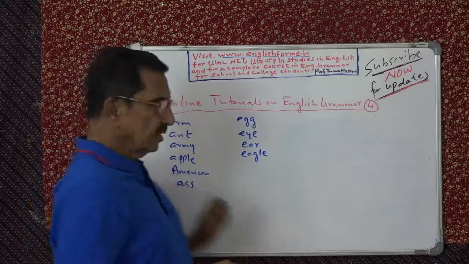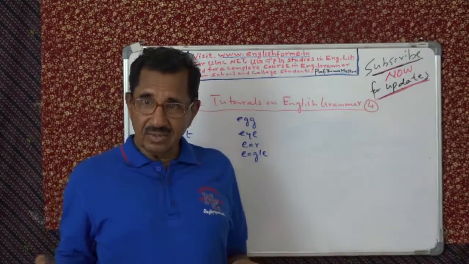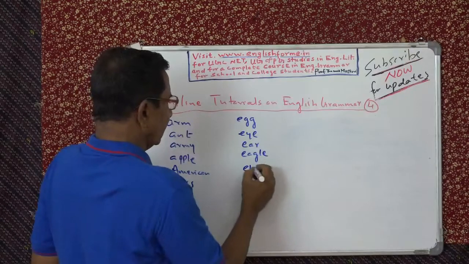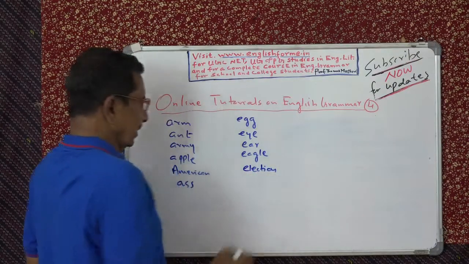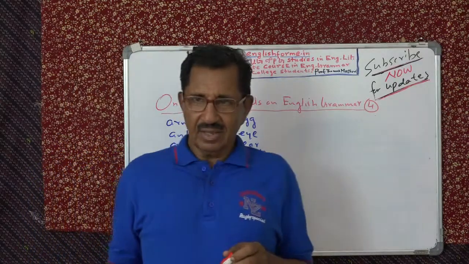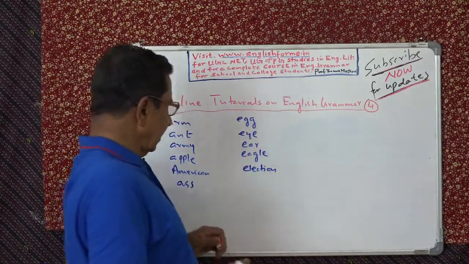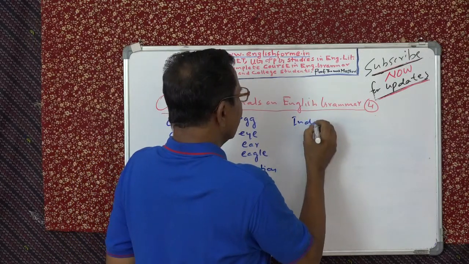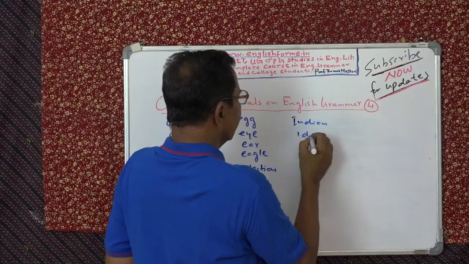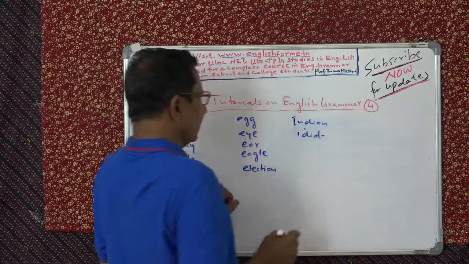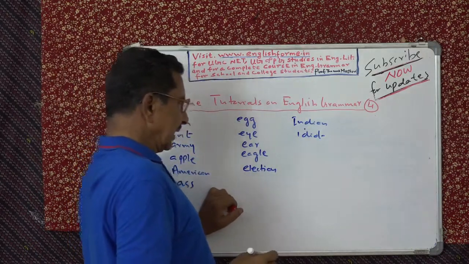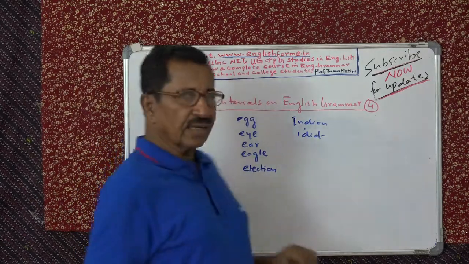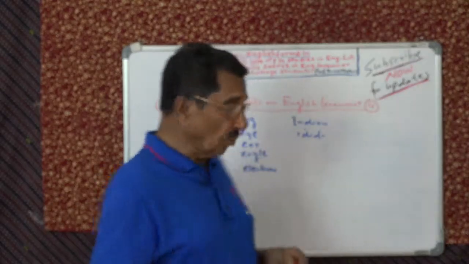Then you have election. Such words are nouns. And after that you have words like Indian, idiot, index as well. Then you have ice cube.